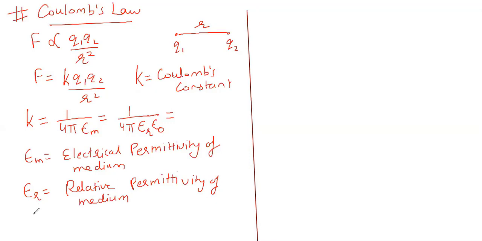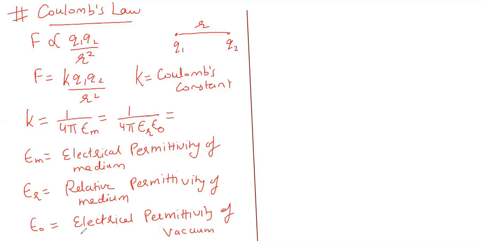Now what is epsilon naught? Epsilon naught is the electrical permittivity of vacuum. Now there isn't much difference between vacuum and air if we compare electrical permittivity.